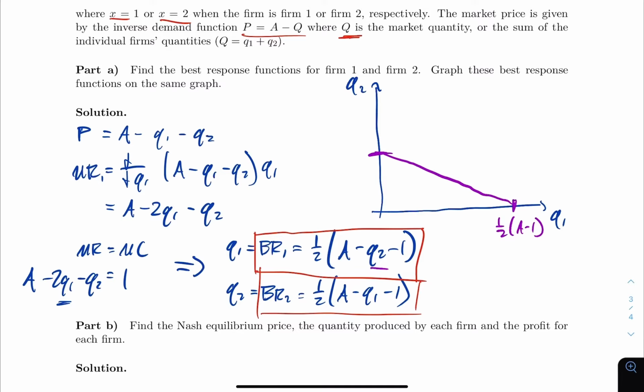So when we do that, we have 1/2 (A minus Q2 minus 1) is equal to 0. So then Q2 is equal to A minus 1. So this is A minus 1. Okay, so this is the best response function for 1.